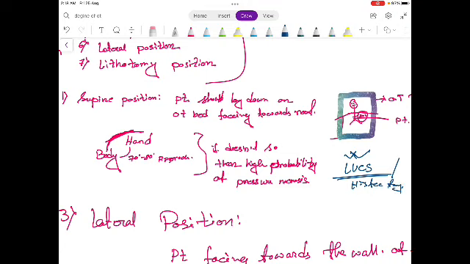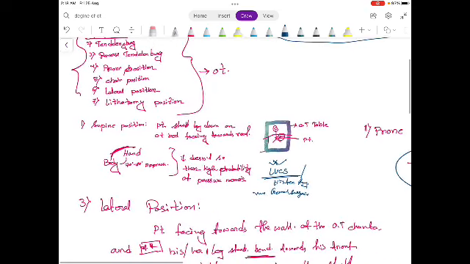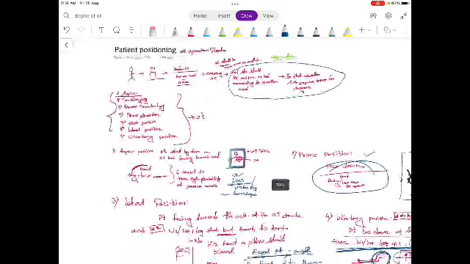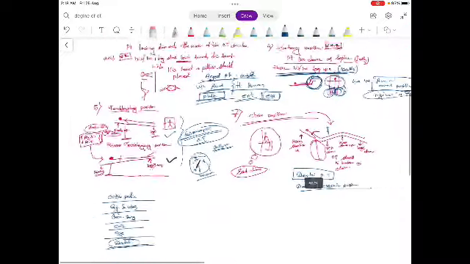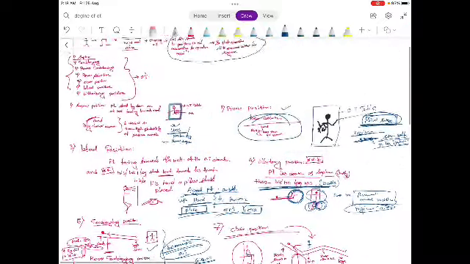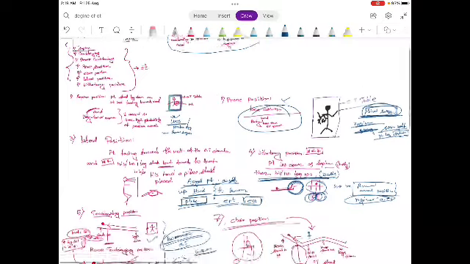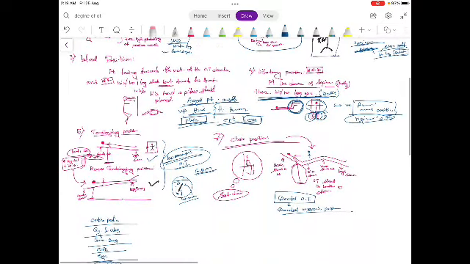Then a hysterectomy, and then mainly lots of various types of general surgeries. The patient should be in this position. So here is the patient positioning, with details of all the OTs I have mentioned.